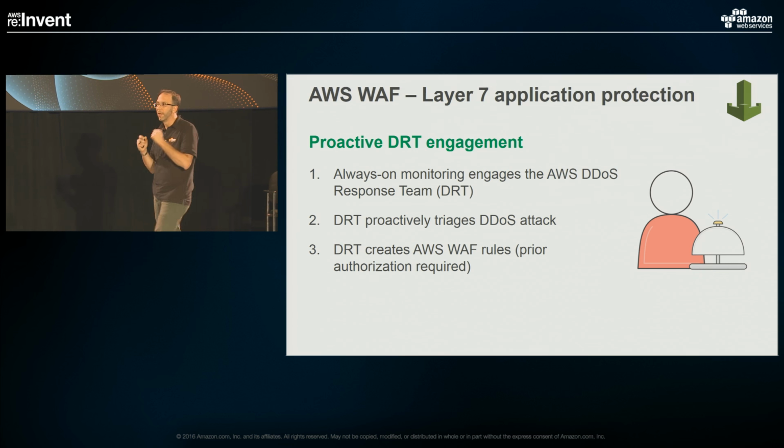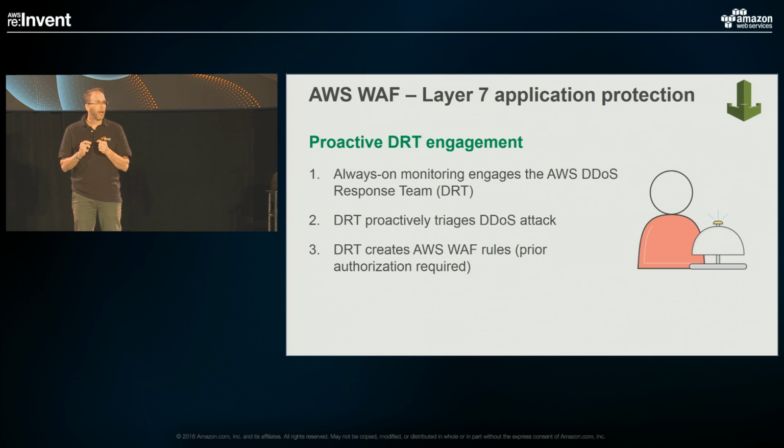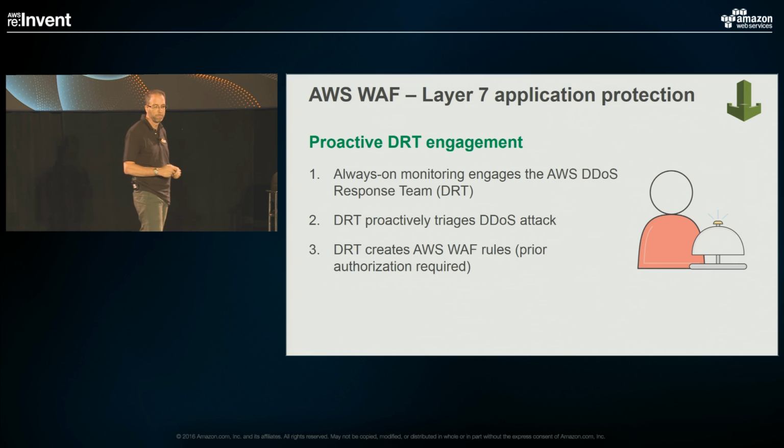This is a way that I think you can get a lot of value out of AWS Shield Advanced, by not just having the layer 7 protections, but having the layer 7 protections combined with access to our DDoS response team.